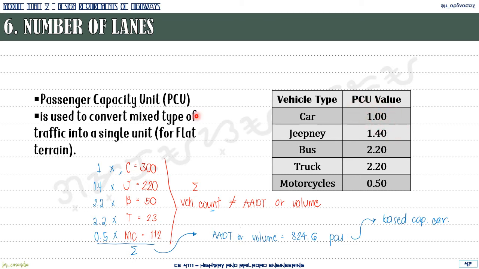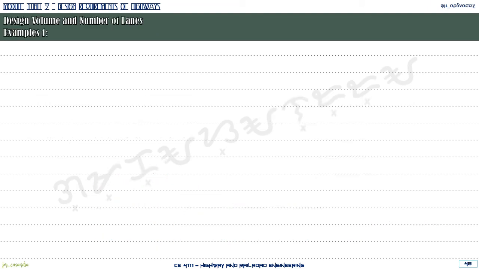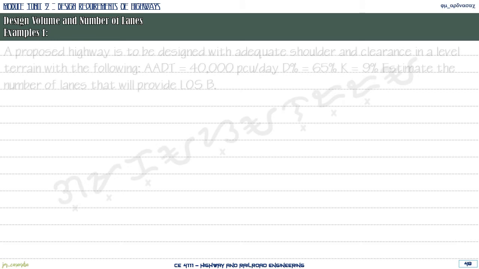Okay? So again, we only use this if the given EADT is in terms of different vehicle types. But if it is already converted into a single unit, which is your PCU, then no need to convert your values. So to understand design volume and number of lanes, let us solve an example.